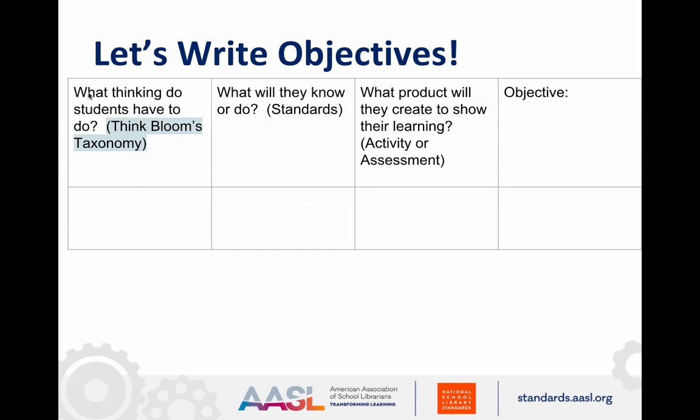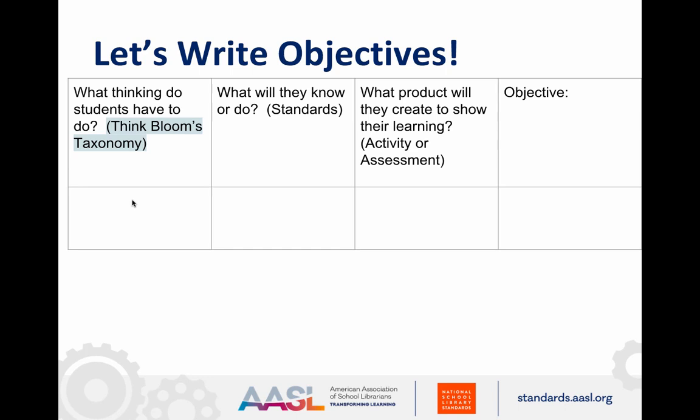So if I start over here at the beginning, what thinking do students have to do? They're going to be generating a citation. They're not creating anything fresh and brand new from scratch. They're simply using the elements of a document. So I'm going to say students will generate in this box.